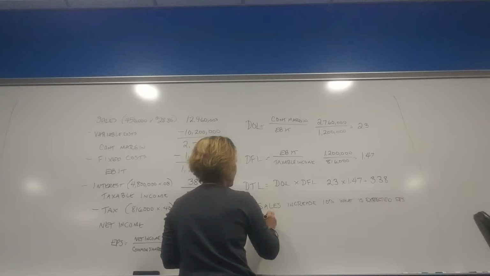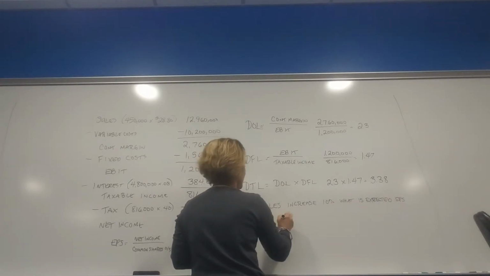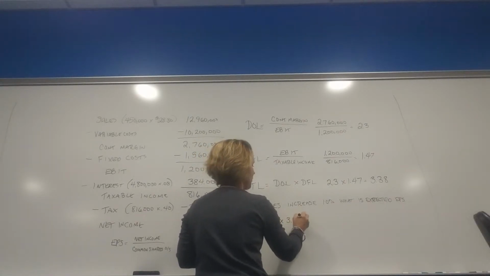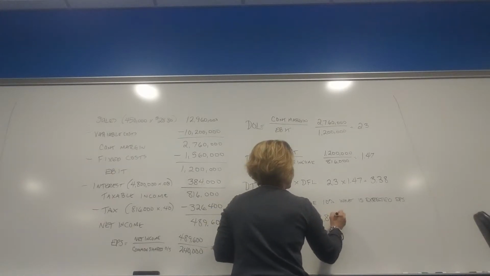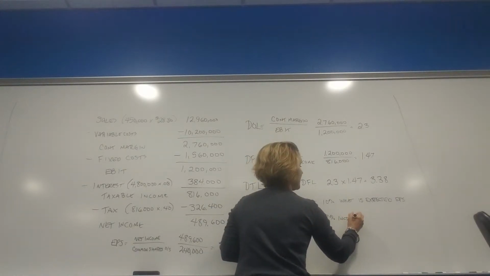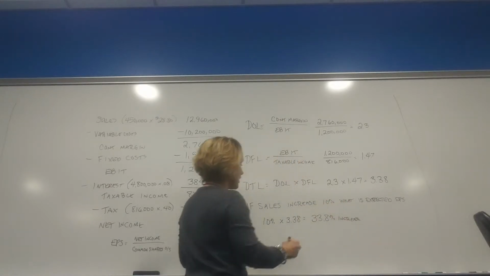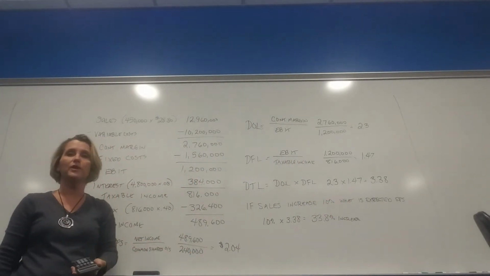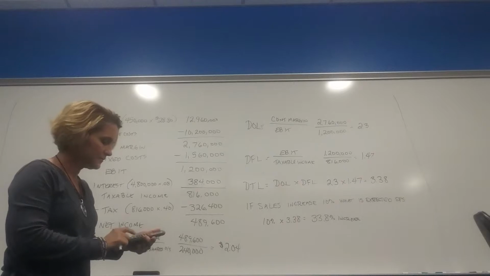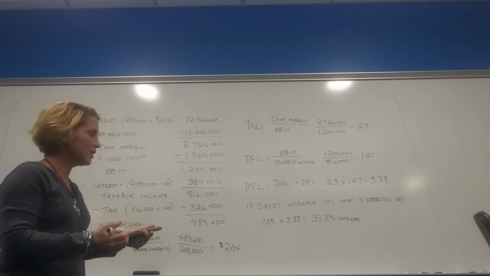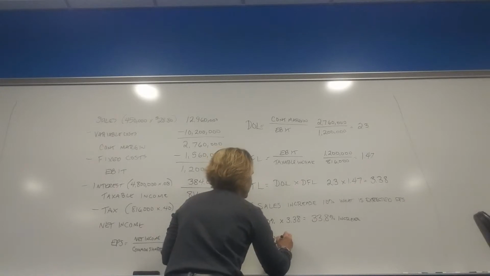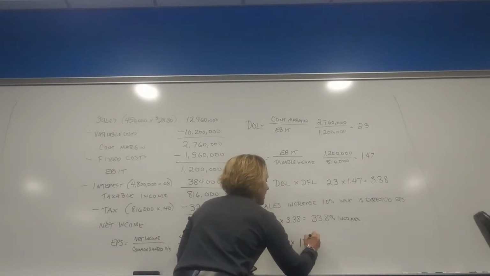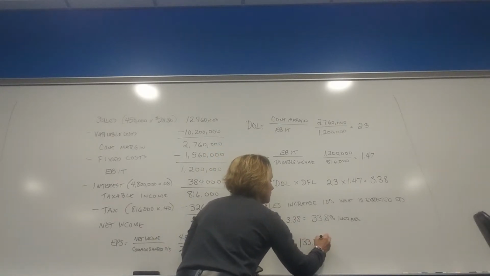So if I take my 10% increase and multiply that by 3.38, my estimate is that my earnings per share are going to increase 33.8%. So then I take my earnings per share, the $2.04, and multiply that by 133.8%.